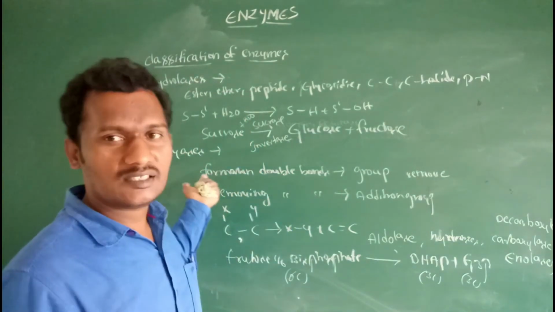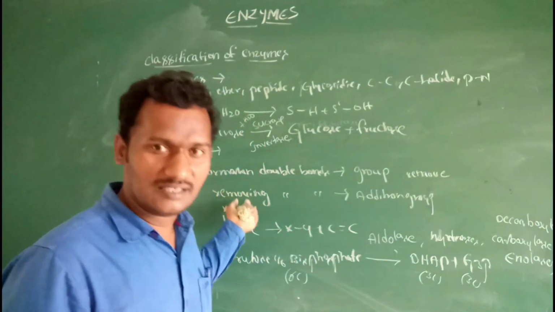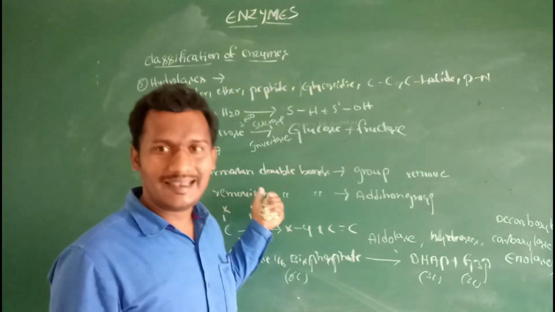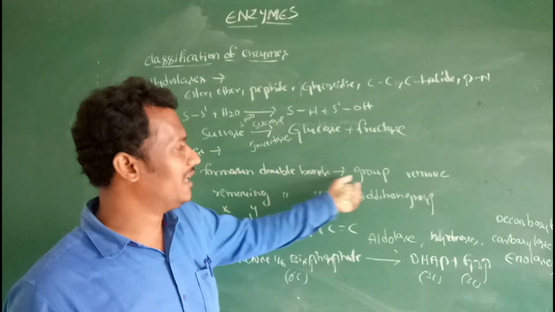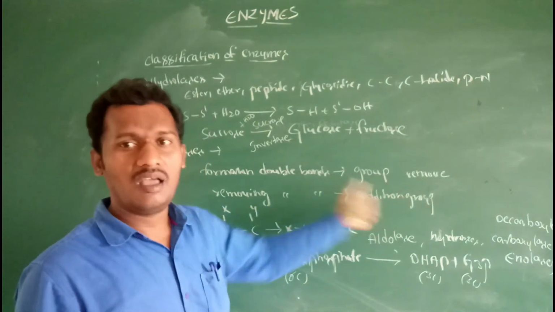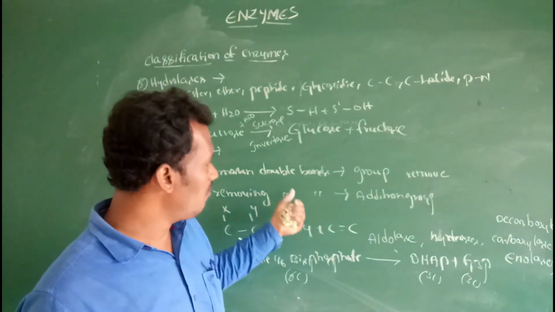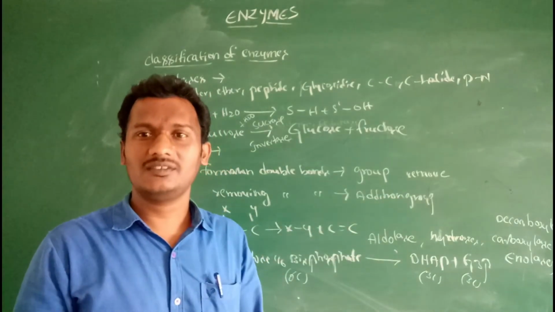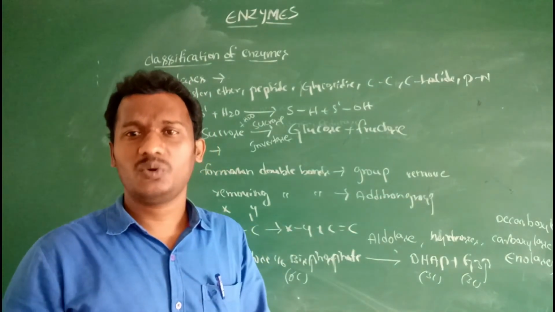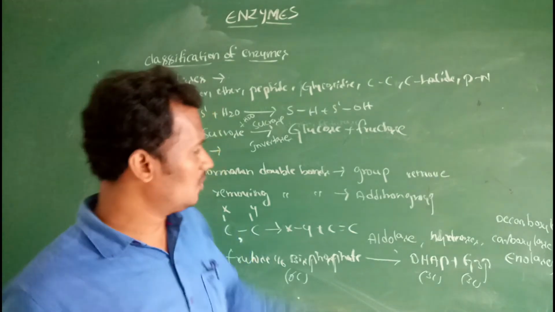So the fourth class of enzymes are lyases. These enzymes catalyze the formation of double bonds by removal of groups, or removal of double bonds by the addition of groups, without hydrolysis, oxidation, reduction, or using ATP molecules.